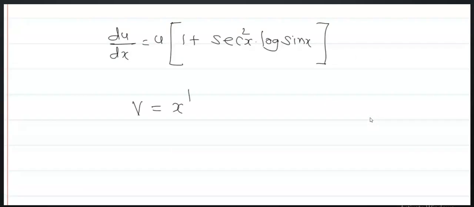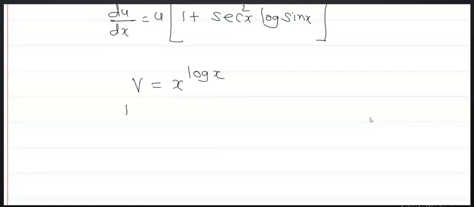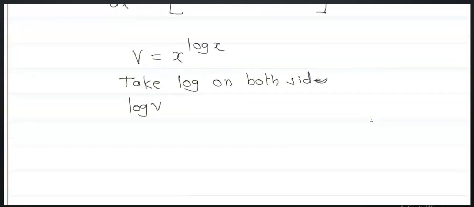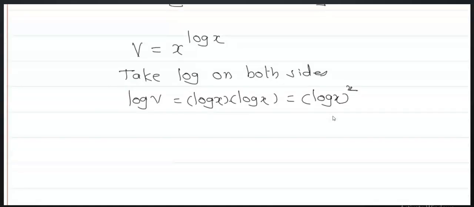Therefore v is equal to, next is x raised to log x. Take log on both sides. Log of v is equal to log x into log of x. If we take log on both sides, then this exponent will come down. That is log of x into log of x, that is log of x bracket square.